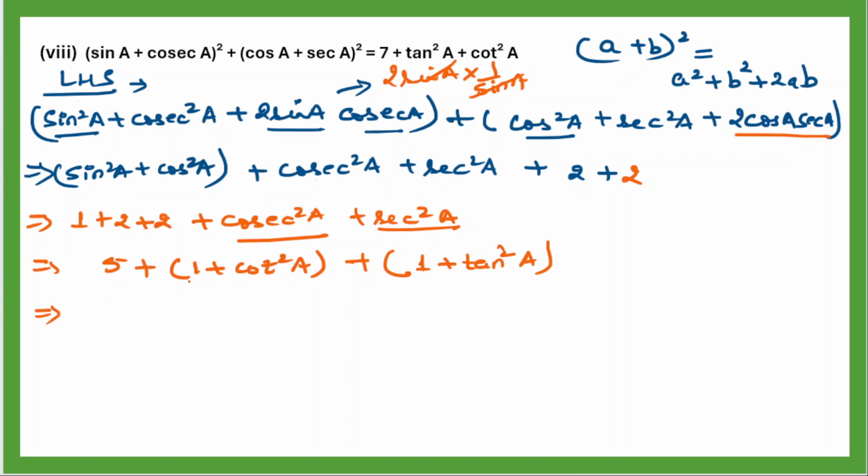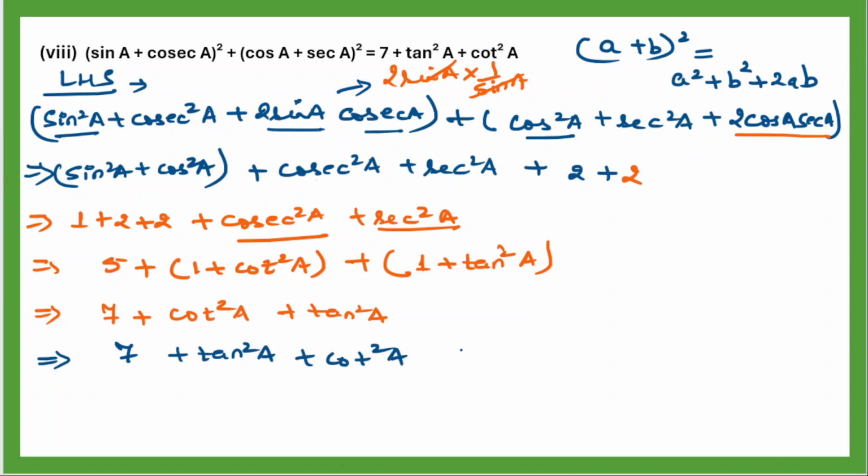So you have 5 plus 1 plus 1, so it will become 7 plus cot square a plus tan square a. Okay, rearrange the parts, so you will get 7 plus tan square a plus cot square a, which equals the right hand side. Hence proved.